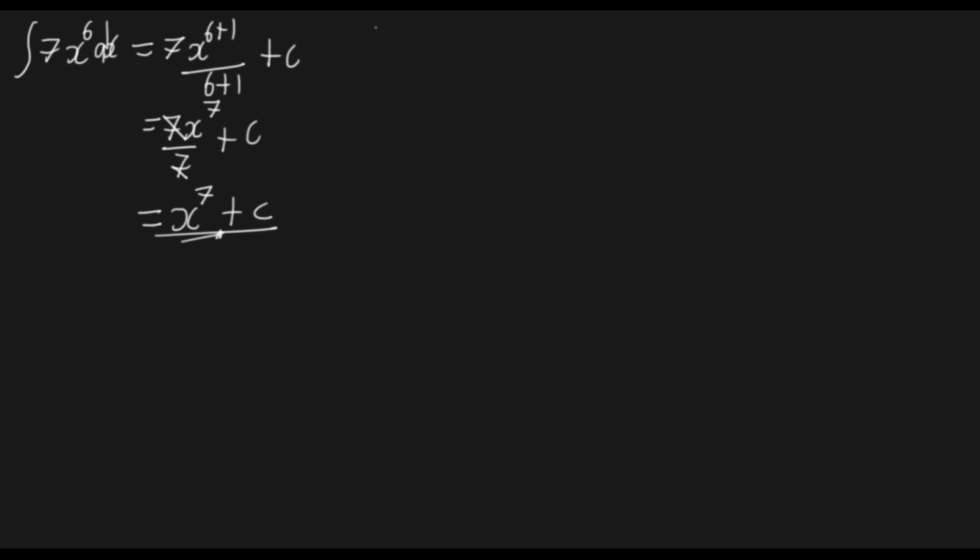Let's say we have the second example: the integral of 3x squared minus 5x plus 4 dx. You can pause the video and give it a shot. So let's begin. The first part, we integrate 3x raised to the power 2.